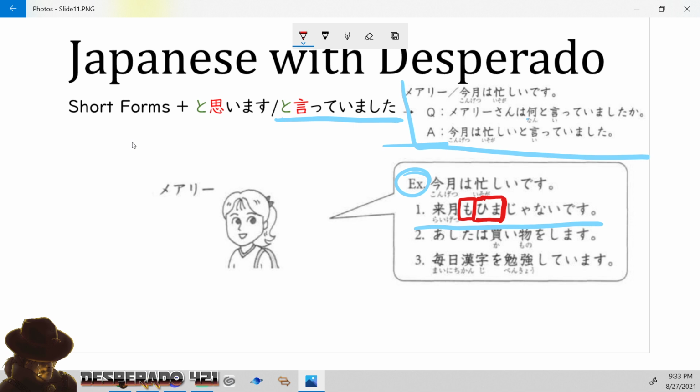So, Meri-san wa... Wait, do I just have to put Meri-san wa in front of that? Yep. Or are we actually shuffling it around? Nope, Meri-san wa comes at the very beginning of the sentence. Okay. Meri-san wa raigetsu mo hima janai desu. Hima janai. Oh, wait, what's the other one?